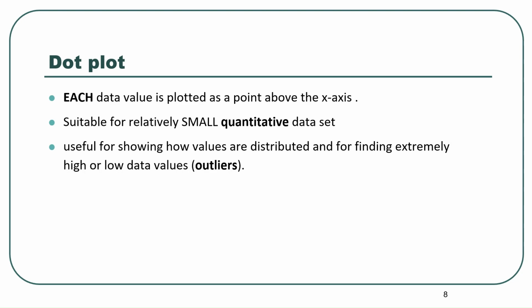This plot is really good to determine whether your data is having outliers or not. What are outliers? Outliers by definition are values among your data values that are either too small or too high compared to the main bulk of your data values. So extremely high or extremely low data values.